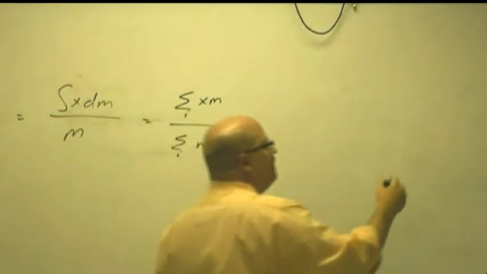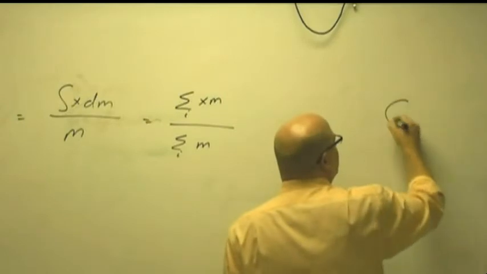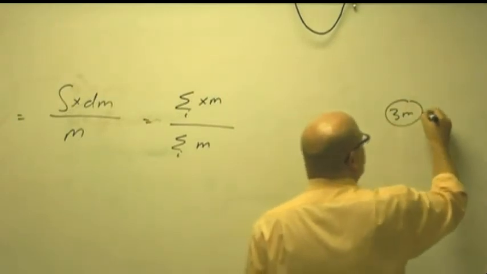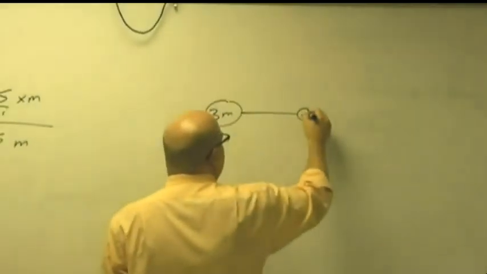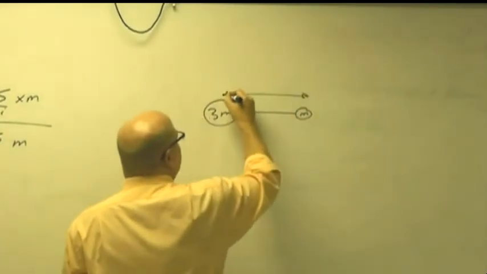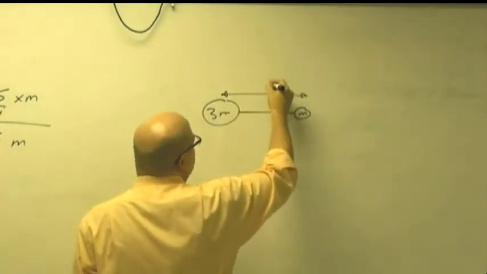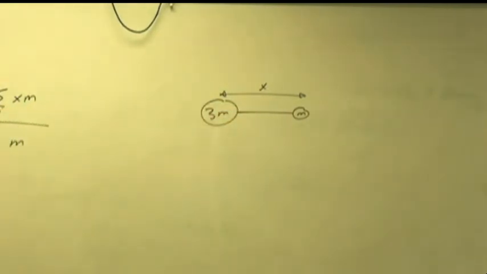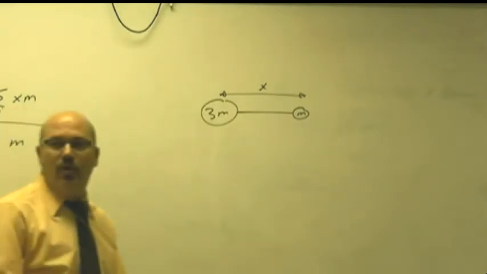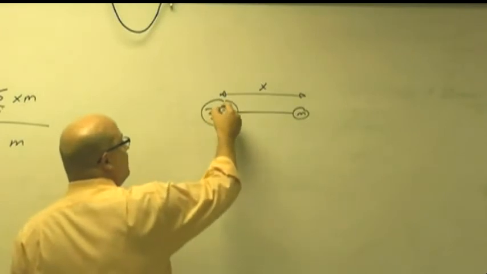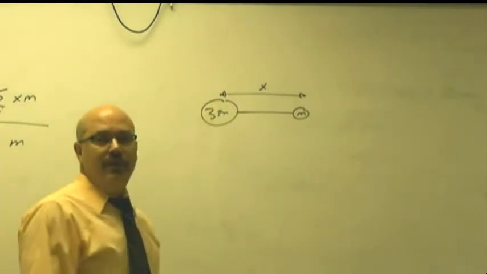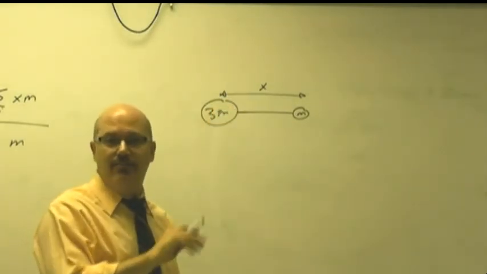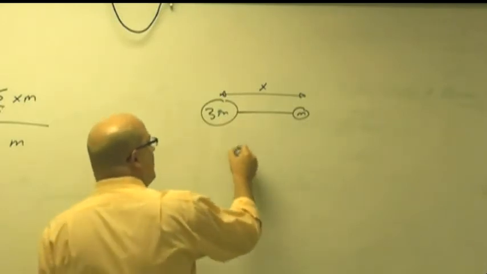So for instance, let's say I have an object like this. That's 3m here, and m here, and the distance from here to here is x. Where's the center of mass? It's not going to be in the center. It's going to be more to the left. You need to pick a coordinate spot to begin. I choose this spot right here as my distance spot to measure from.